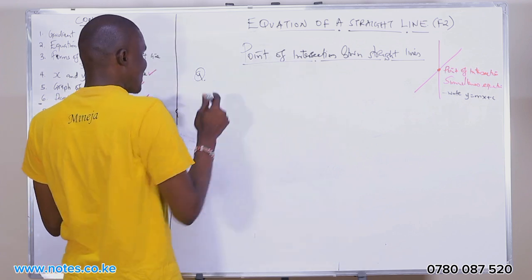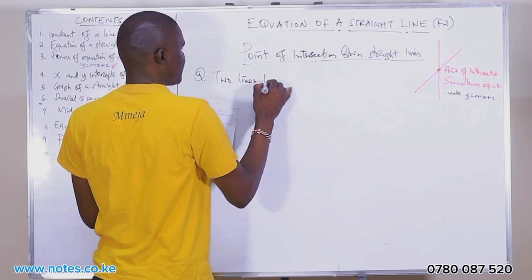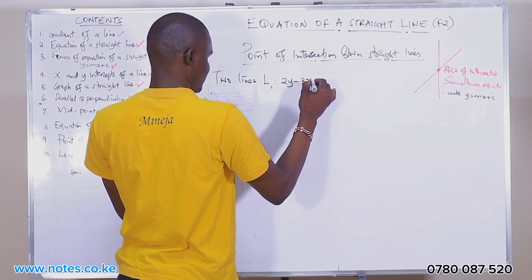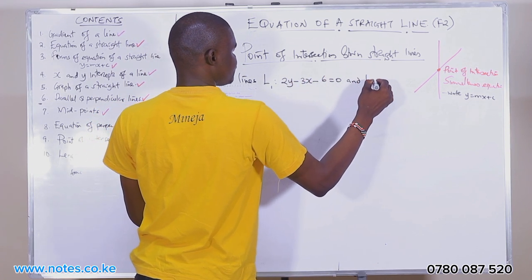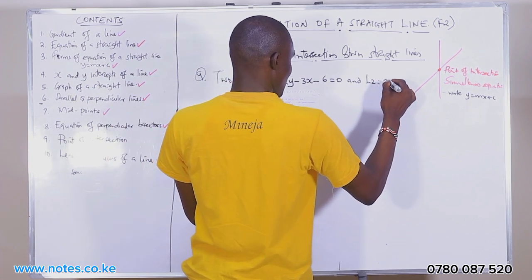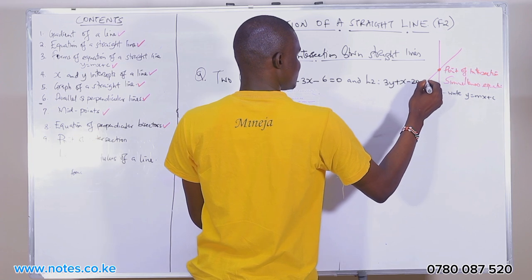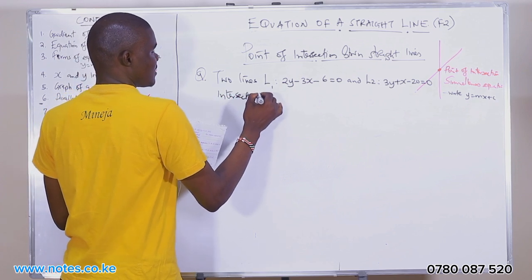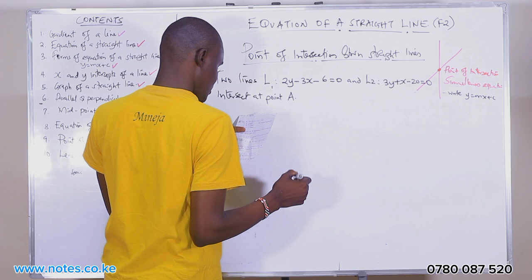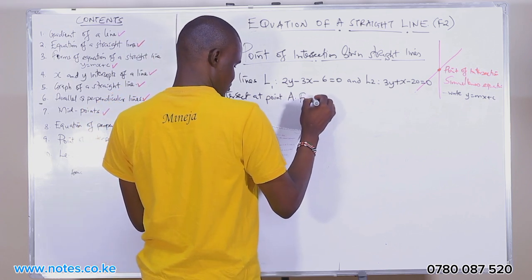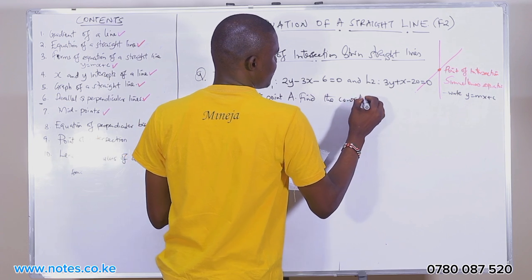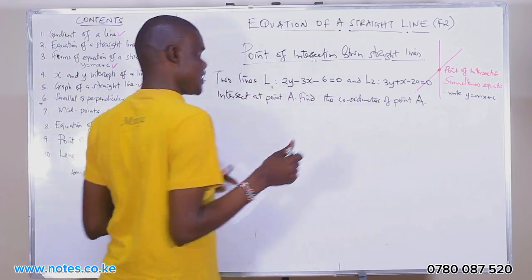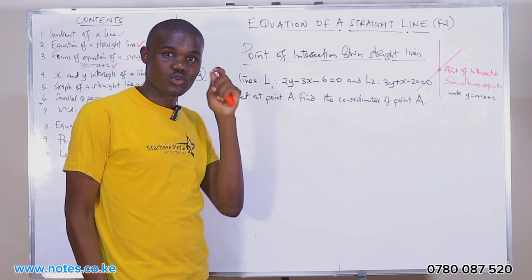I'm told two lines, L1, given by 2y minus 3x minus 6 is equal to 0, and L2, given by 3y plus x minus 20 is equal to 0, intersect at point A. Then you are told to find the coordinates of point A. So basically point A is what we call the point of intersection.